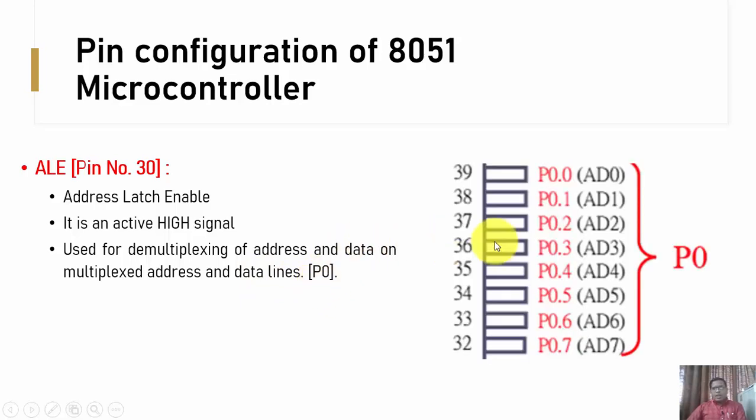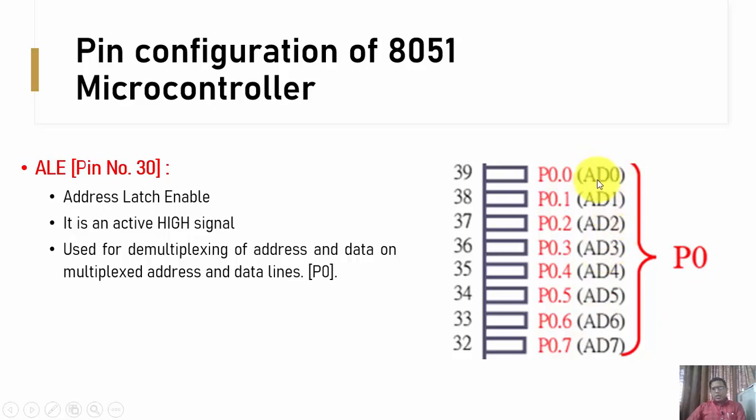So when we are talking about the structure of port P0, no doubt port P0's primary operation is to work as a GPIO, that is general purpose input output, and the alternate function supported by port P0 is that it works as a multiplexed address and data bus.